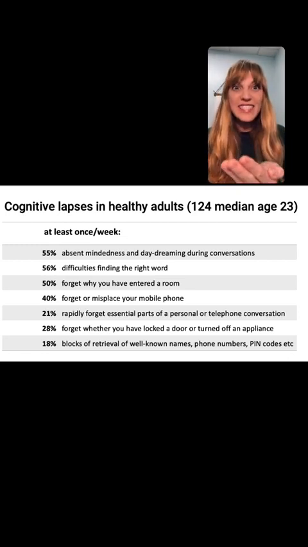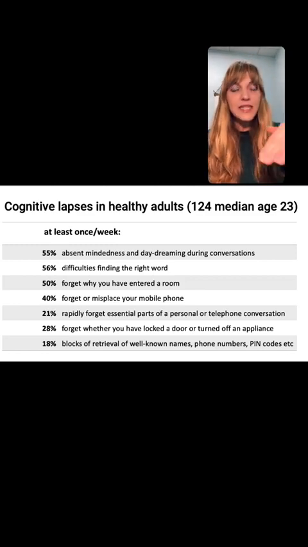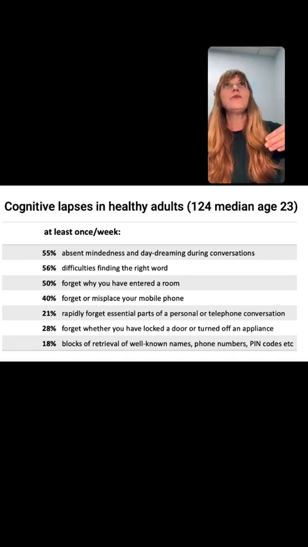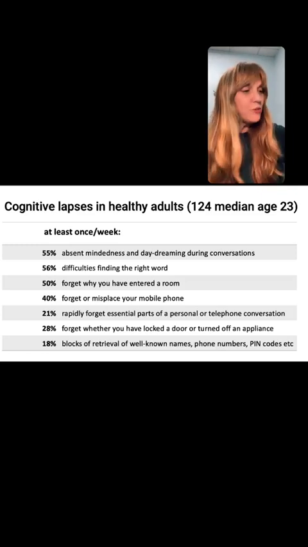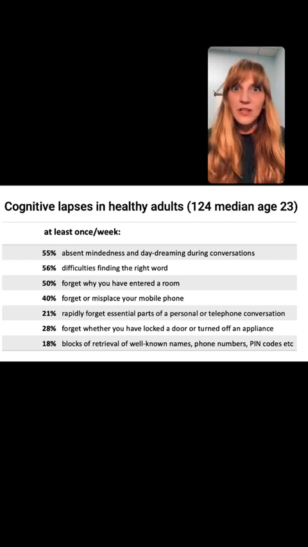But in other cases, these are normal lapses. And what we understand from functional cognitive disorders is that sometimes the attention to the lapse. So if you can imagine you're going about your day and you, like me, go into a room, you forgot what it was for, you go back, you do it again. I mean, I do it several times a day sometimes.